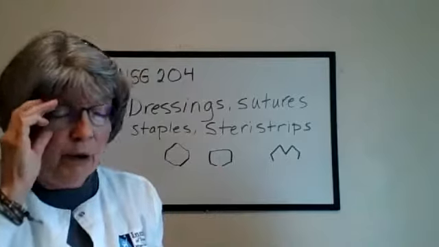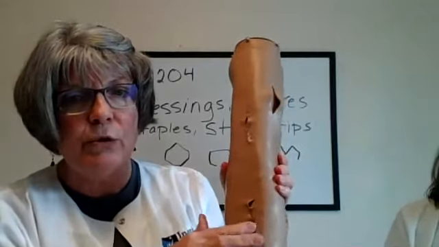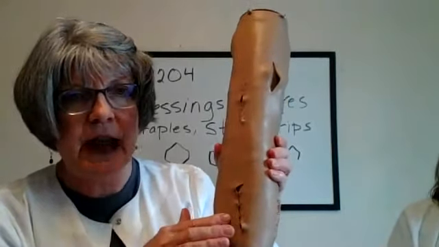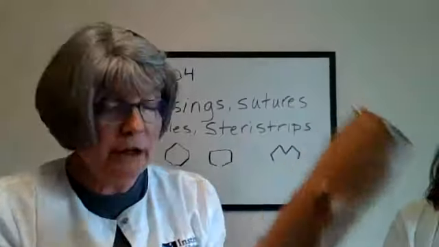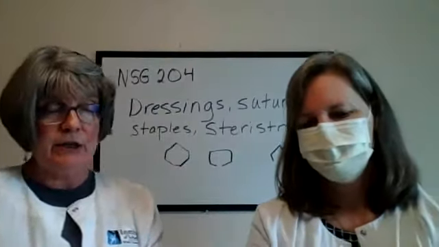Now then, if you are removing staples or you are removing sutures, you can take about 2 or 3 of the staples out, but then you want to start putting the Steristrips on.